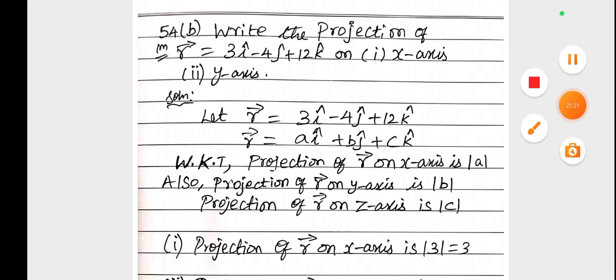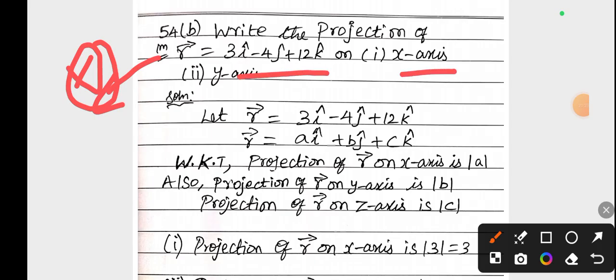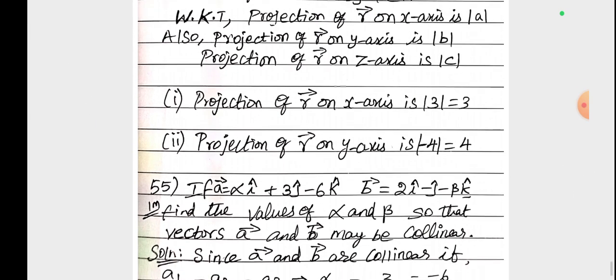So 54b, children, this is MCQ. If it comes as MCQ, you don't want to multiply. The projection of the vector on x-axis, you should know, is magnitude of A. Projection of the vector on y-axis, magnitude of B. Projection of the vector on z-axis, magnitude of C. Otherwise, for 2 marks, you may show the multiplication, but for MCQ, definitely, even for 2 marks, we can write that directly.